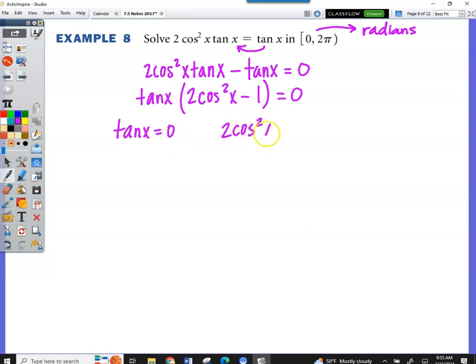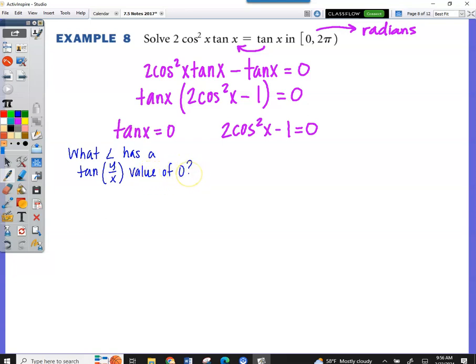So this one's not as bad. It looks the worst, but it's not as bad. Now, the thought process here. What angle has a tan, which means y divided by x, value of 0?